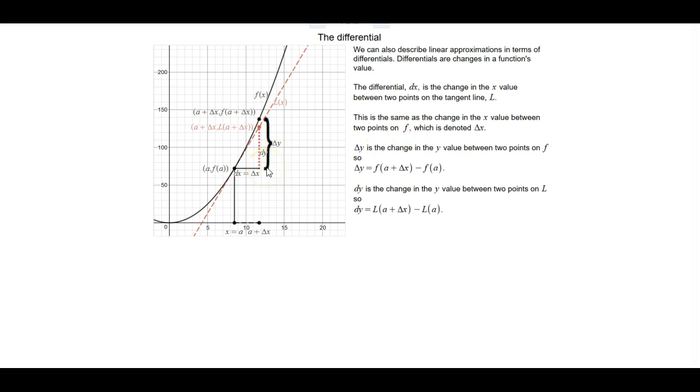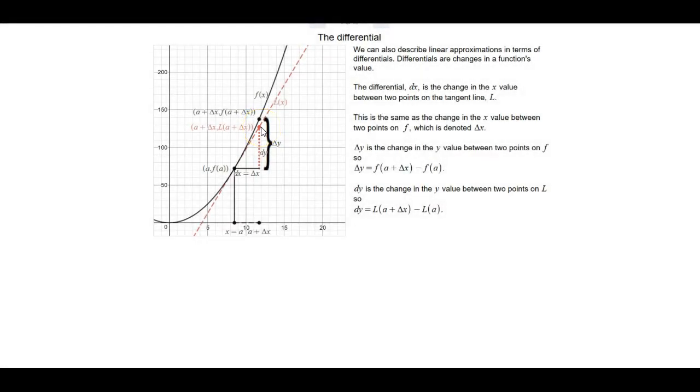So now we're going to look at the change in y, but we actually have two y values, right? If we're looking at the tangent line and the function, one of our y values is actually on the function. One of our y values is actually on the tangent line, right? So at x plus delta x, this red point is on the tangent line, but this black point is on the graph at x plus delta x.